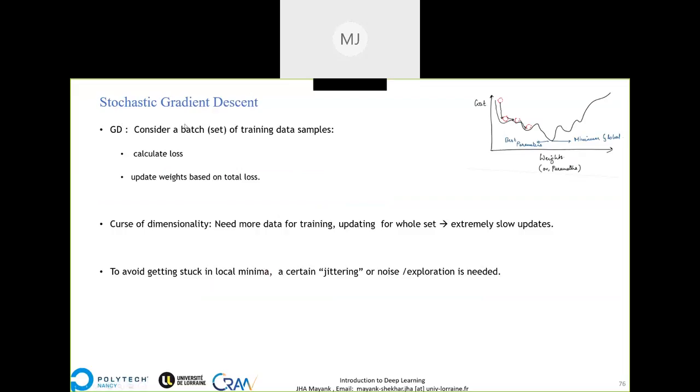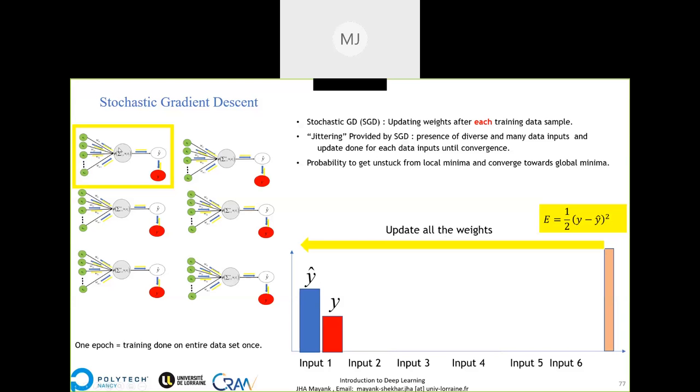That is what is known as stochastic gradient descent, where instead of considering all the inputs at one time, we do the weight adaptation, backpropagation, one at a time.